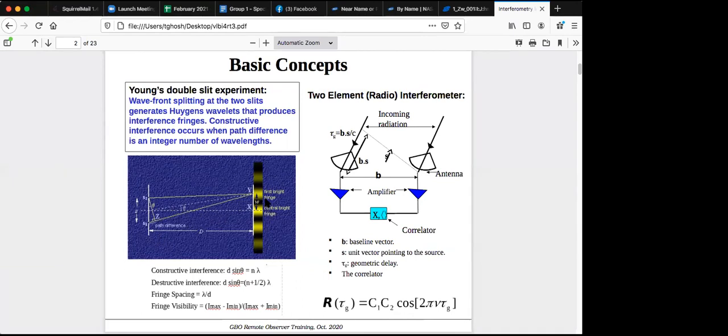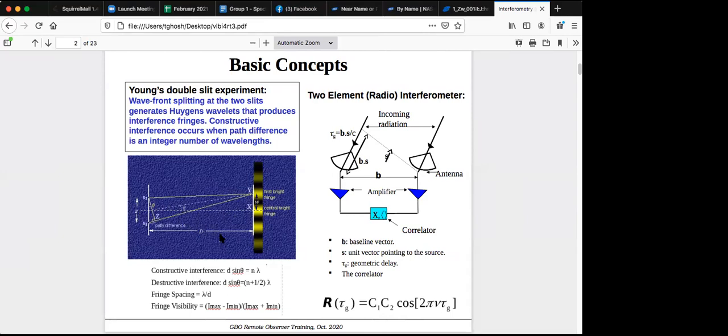The spacing of those fringes depends on the separation of the two pinholes. So that gives you an indication about the size of the objects. Using this concept, one can study the structure of an object in more detail.